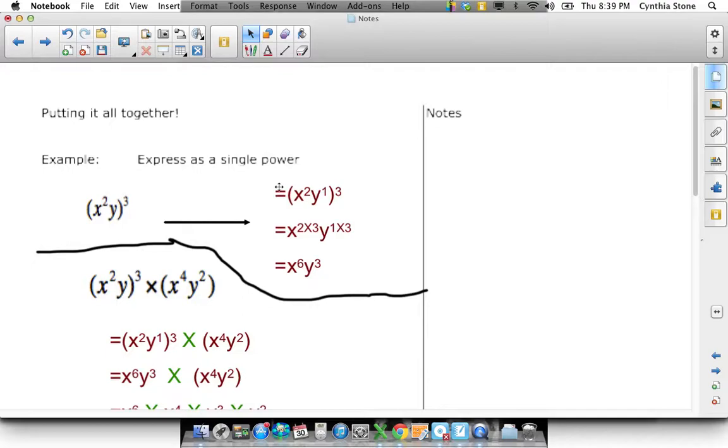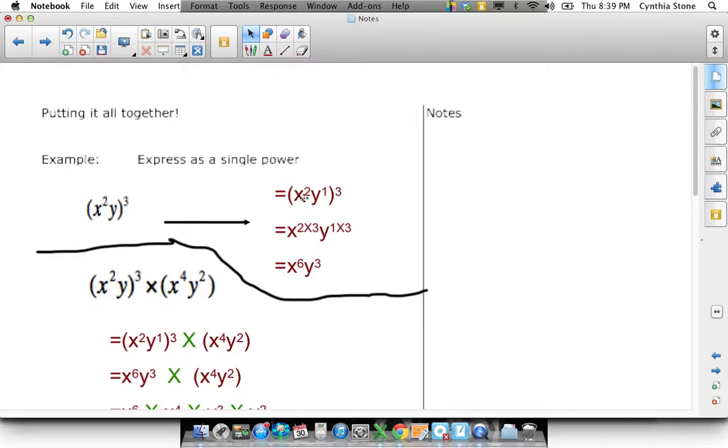Okay, now, similar to when we had a fraction all to a power, it's kind of the same thing. You have to distribute the 3 right through. So that works out to x to the 2 times 3. You have to treat the x and the y completely separate because you can't do anything with the x and y. Like I say, you have to do brackets first, but you can't simplify this anymore.